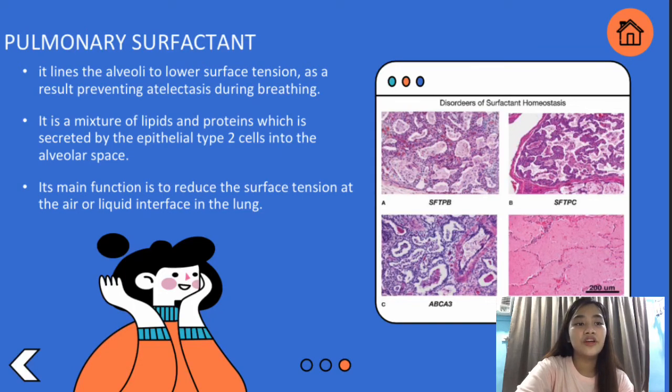Its main function is to reduce the surface tension at the air-liquid interface in the lung. This is achieved by forming a surface film that consists of a monolayer which is highly enriched in dipalmitoyl phosphatidylcholine and bilayer lipid or protein structures closely attached to it.